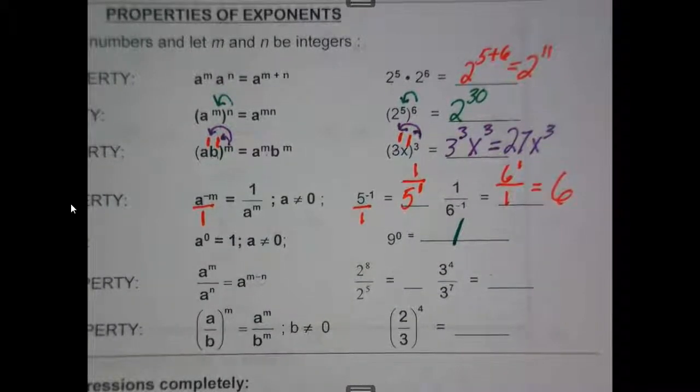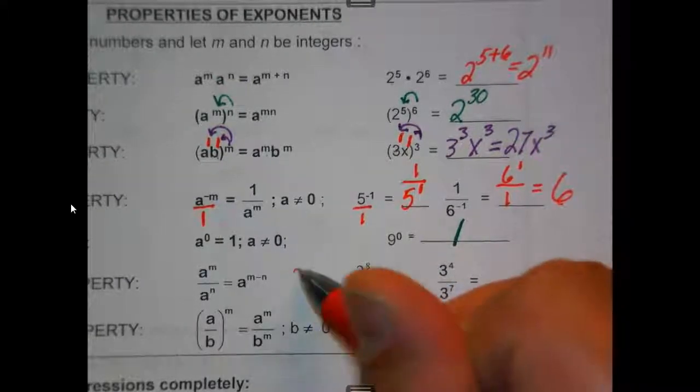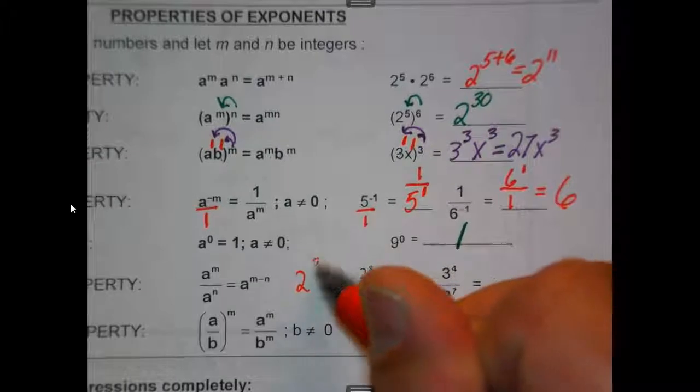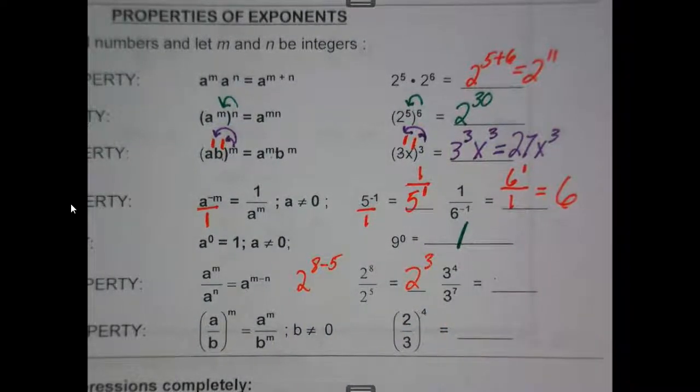If I'm dividing or have a fraction dividing with the same base, what do I do with the exponents? Subtract. So in the first one here, I have 2 to the 8 minus 5, which is 2 cubed. If you want to multiply it out, it's 8.